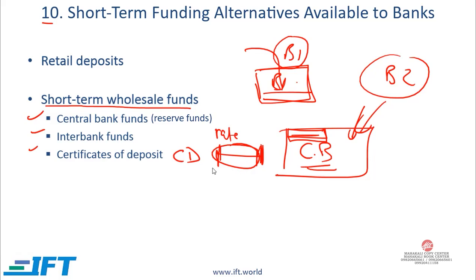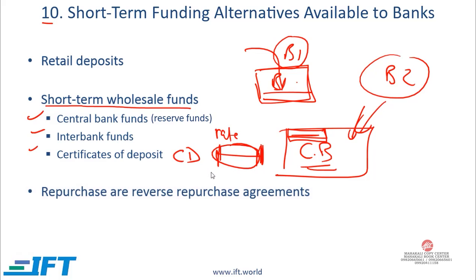With a negotiable CD, the depositor is allowed to sell the CD in the open market and get his funds. Next, we come to repurchase agreements, also called repos, and reverse repurchase agreements called reverse repos. This is important because these instruments are used extensively.